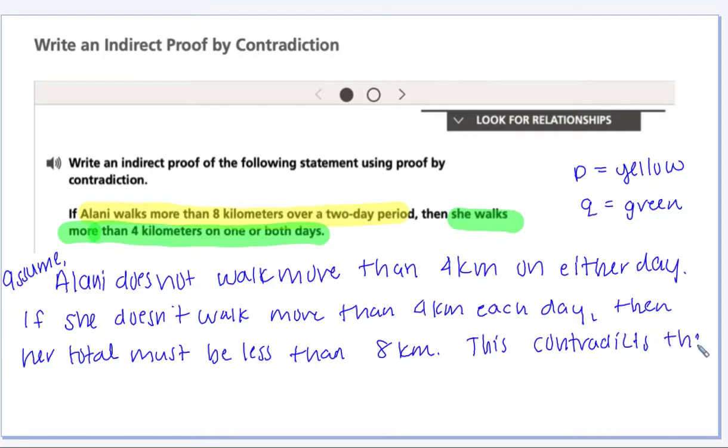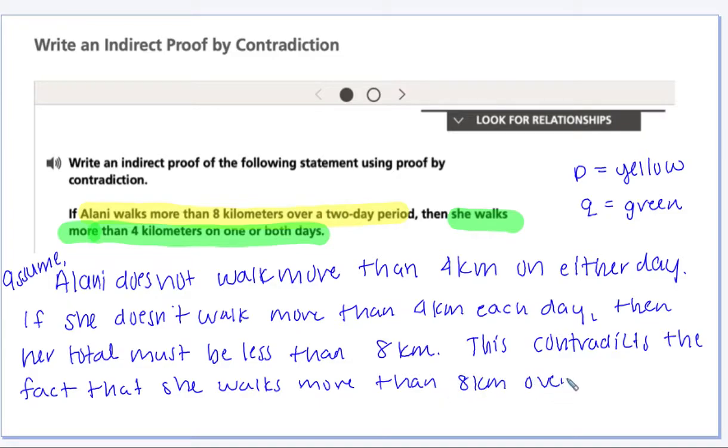So we'll just say this contradicts the fact that she walks more than 8 kilometers over a 2-day period.